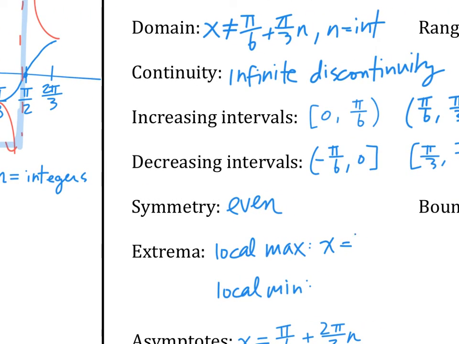So pi over 3. How often will it repeat? 2 pi over 3, the period again.